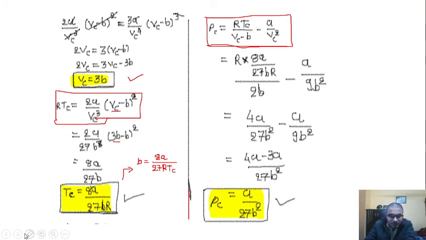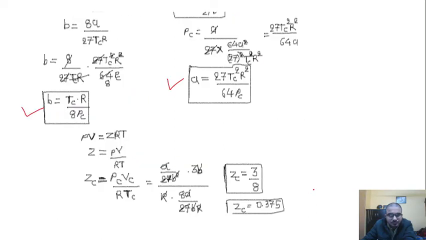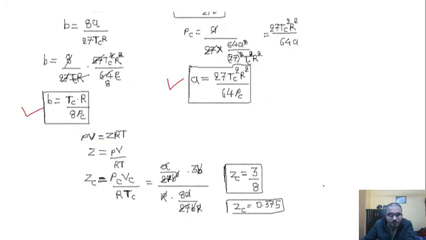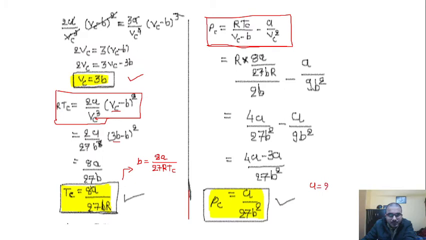So from here what we will be getting is A is equal to 27 b square PC.